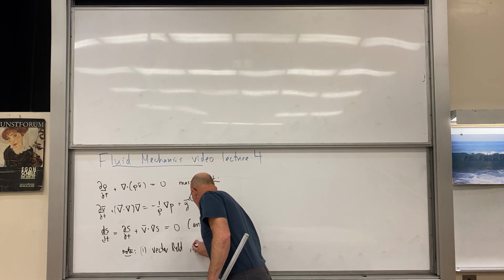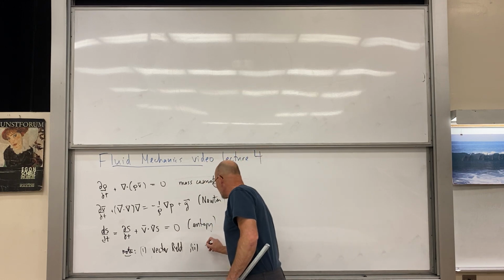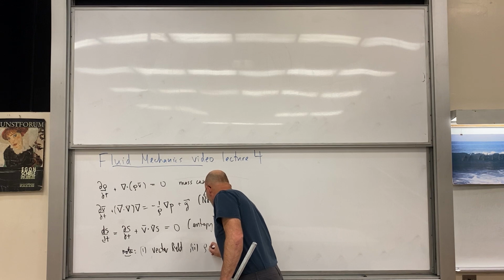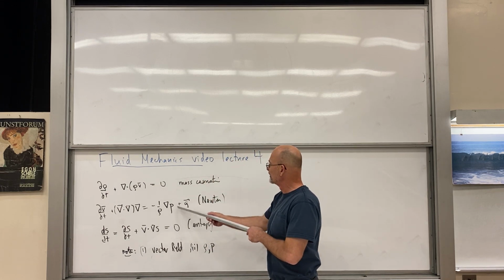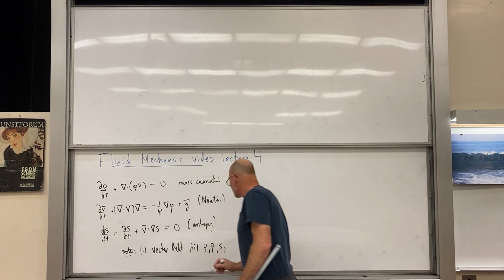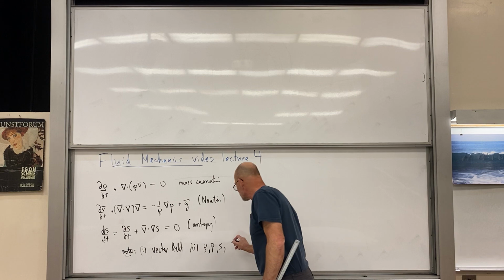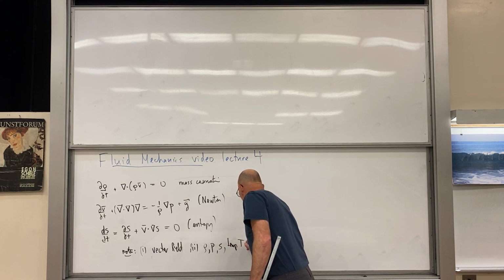And on the other hand, we have these thermodynamic quantities, and we can just list what we have here: density, pressure, entropy. Other things could be there as well: temperature, etc. Okay.